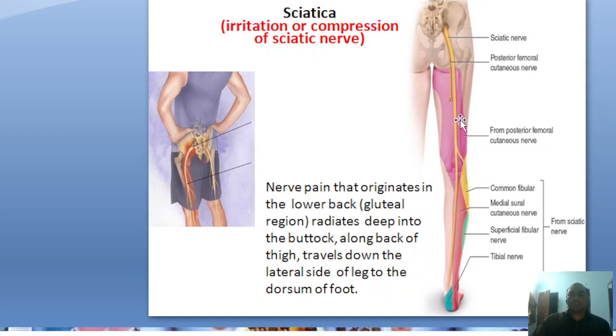So all the areas supplied by the sciatic nerve are affected after long compression. These muscles are in a painful condition, so it is called sciatica. This is the area involved in sciatica.